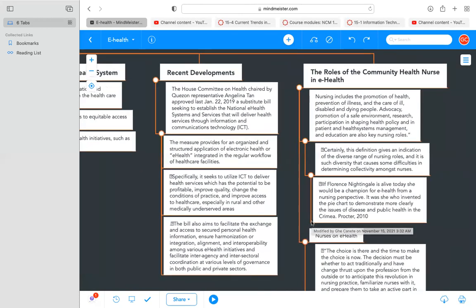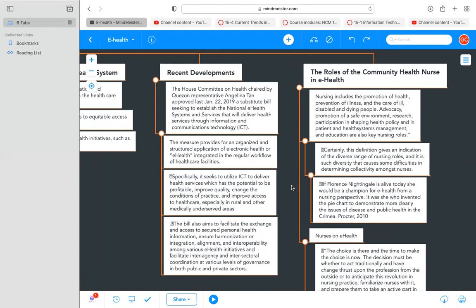Now, as part of the recent development, the House Committee on Health, chaired by Quezon Representative Angelina Tan, approved last January 22, 2019, a substitute bill seeking to establish the national e-health systems and services that will deliver health services through information and communications technology.